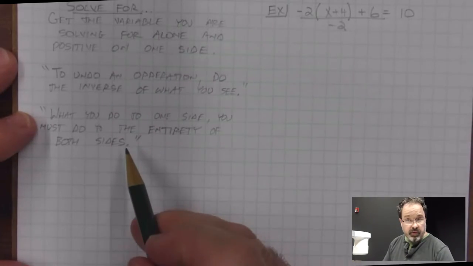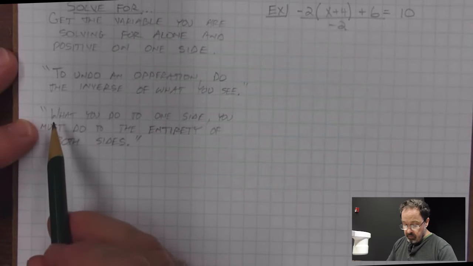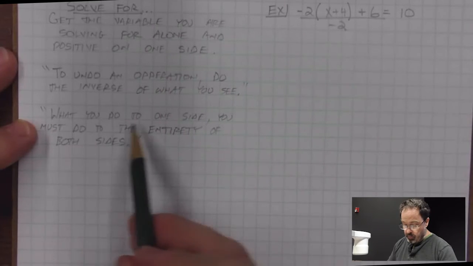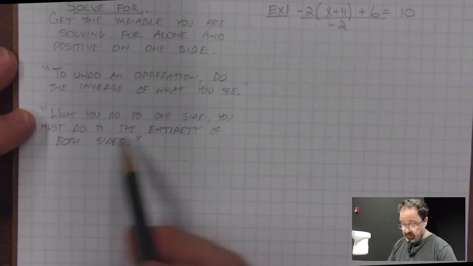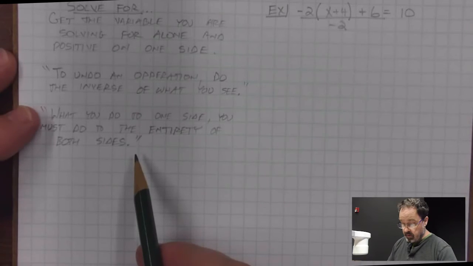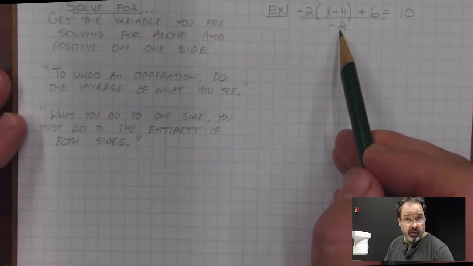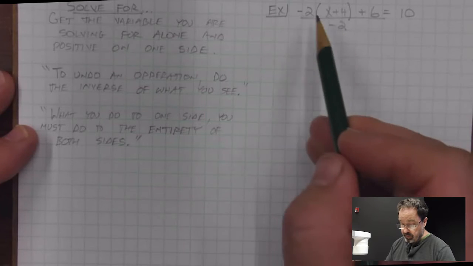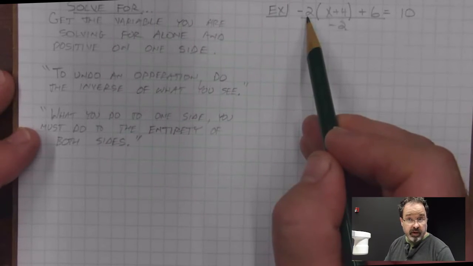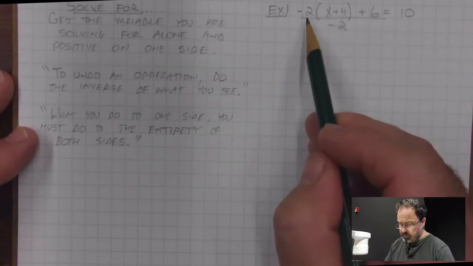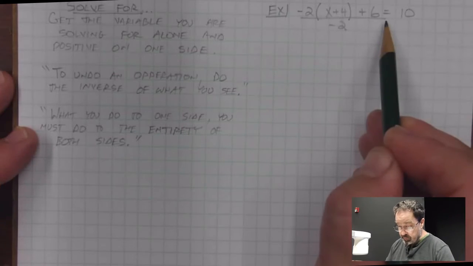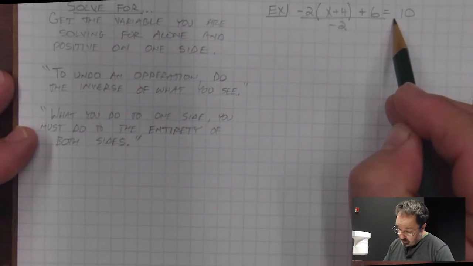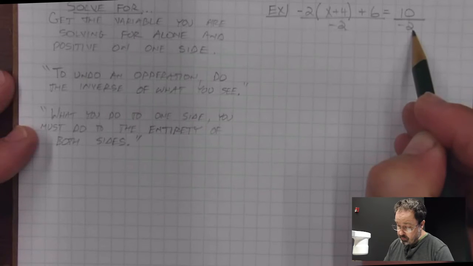Now, the second guideline for algebra is in a quote here. What you do to one side, you must do to the entirety of both sides. So if I'm going to choose to divide by -2 to undo this multiplication by -2, then I have to remember to do that to the entire side and on the other side as well.